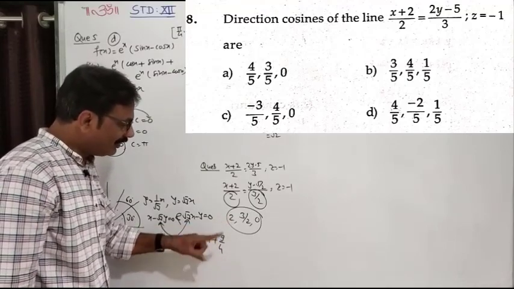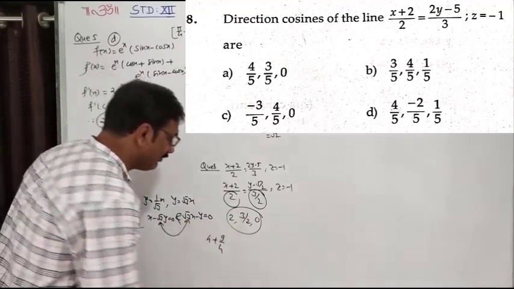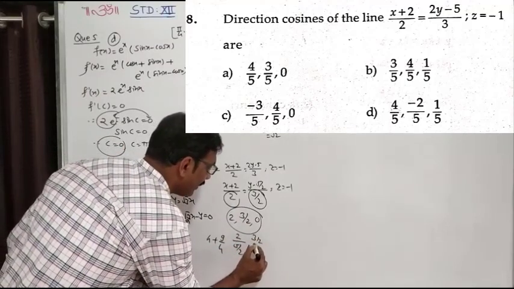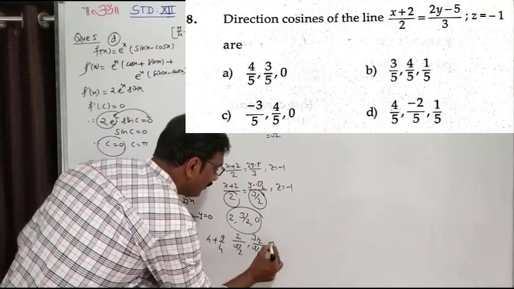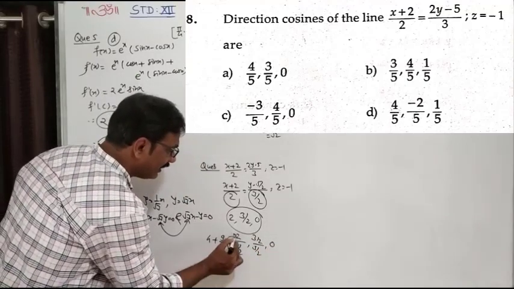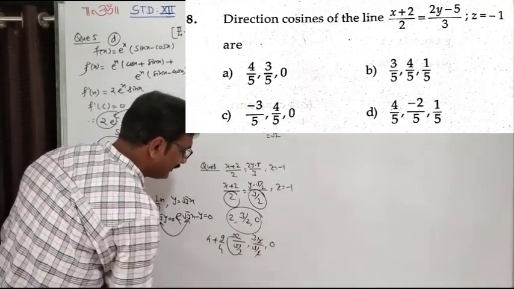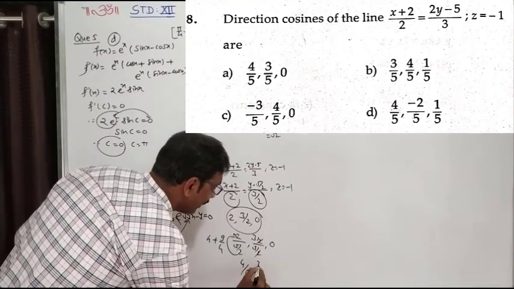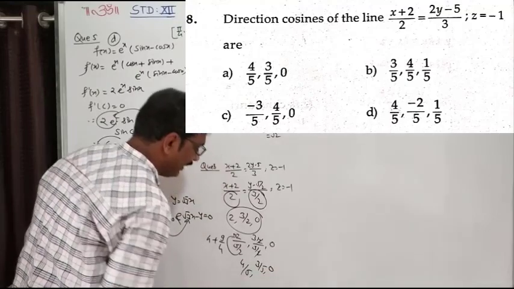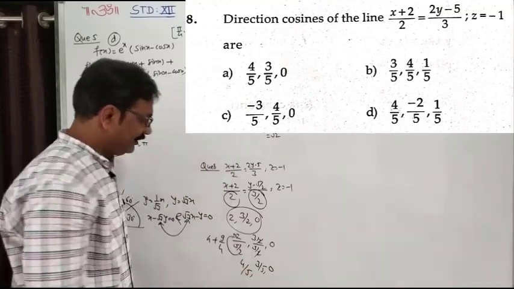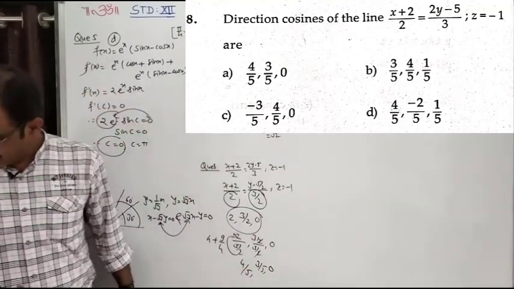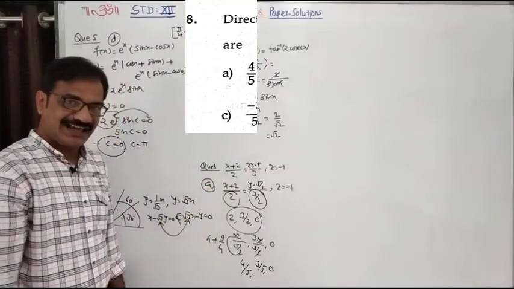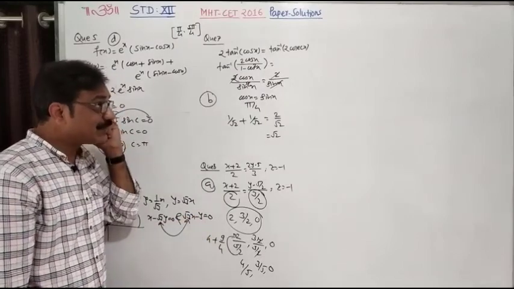So this upon 5/2, this upon 5/2, like that. 0 upon that will remain 0, this goes up, 2 cancels. So 4/5, 3/5 and 0. These are the direction cosines of the line. 4/5, 3/5 and 0. Your option is A. Let's go to the next one.